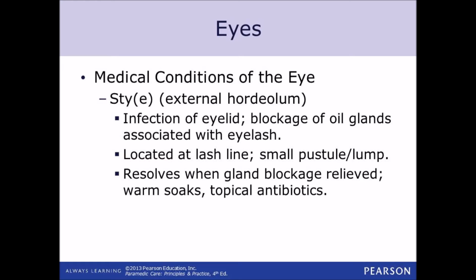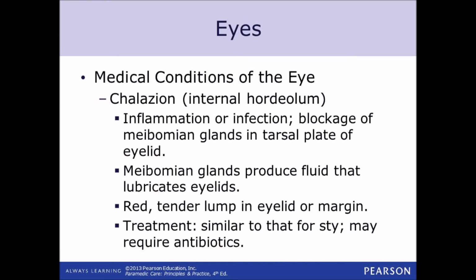It can be relieved by relieving the blockages and warming that area up. Antibiotics are sometimes necessary, but that's a definite condition that you'll see as you lift the eyelids up. It can be very commonly found, but it is easily taken care of as well. Some styes can actually be there and be permanent as well.